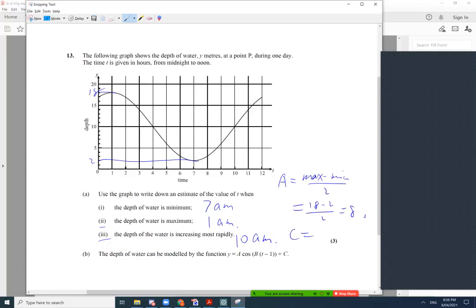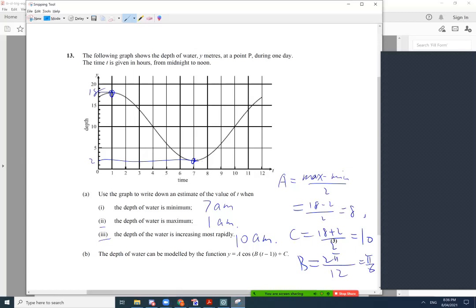C is just plus, divided by 2, which is 10. B is just 2 pi over the period. Charlotte, what's B? Pi over 6. Yes. Because from maximum to minimum takes 6 hours, which means maximum to minimum and then maximum again is 12 hours. Oh, finished. Okay, it's not very hard.